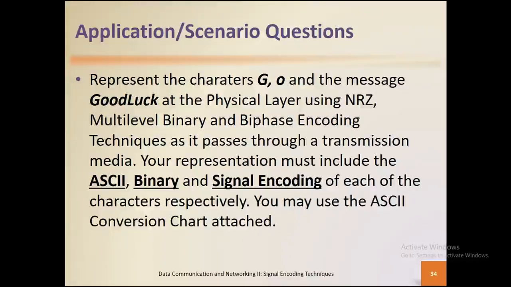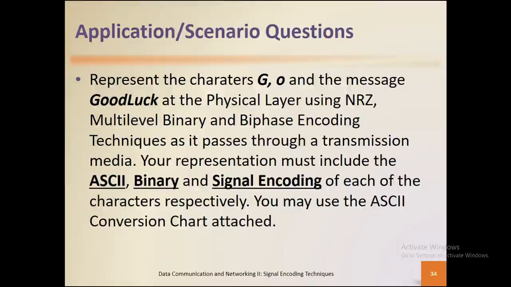So your representation, I indicated representation must include the ASCII. The binary ASCII here is the character itself. All characters on your keyboards or within a keypad for messaging for user data is considered an ASCII. And then so your A, B, C, Ds, your 1, 2, 3, the hashtag non-alphanumeric characters are all ASCII represented.